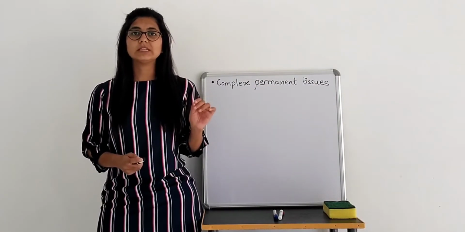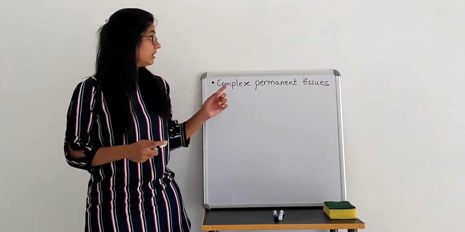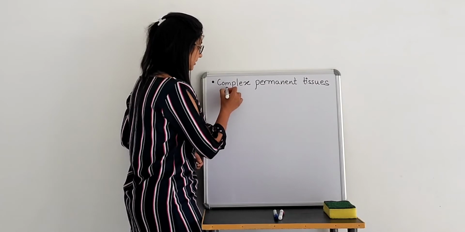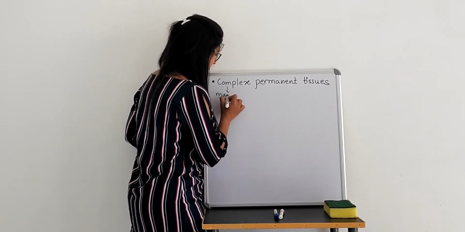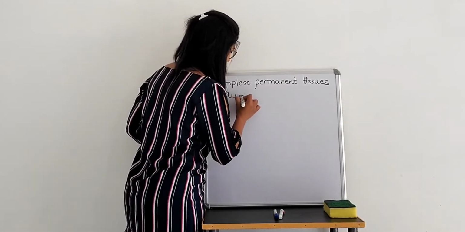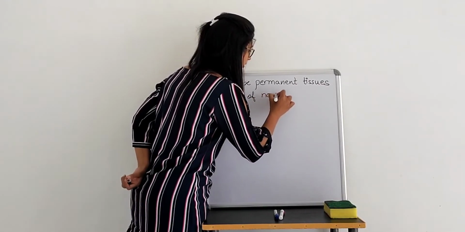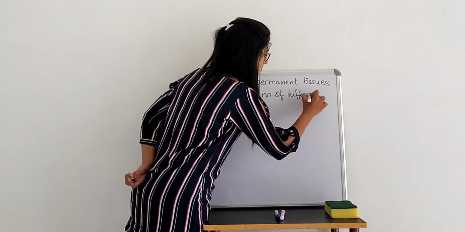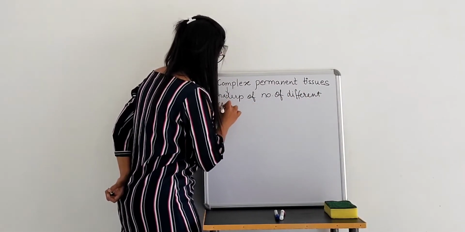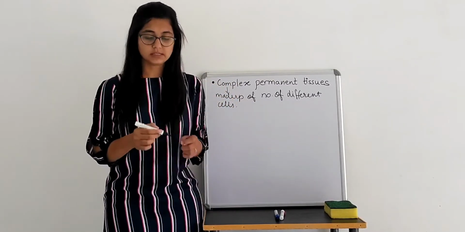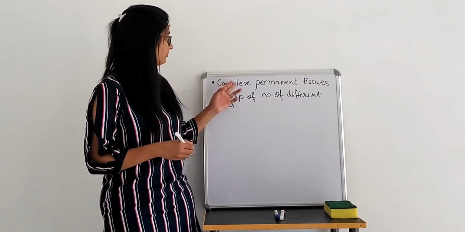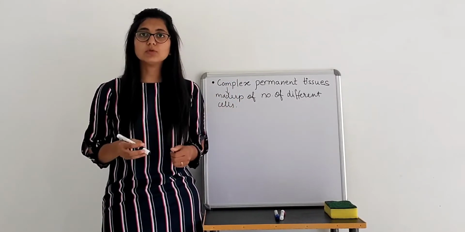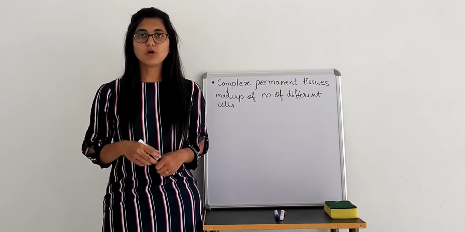The major difference, like I had previously stated, between complex and simple permanent tissue is that the complex permanent tissue is made up of a number of different types of cells. The main function of such tissue is that a lot of different types of cells will come together and they will perform one common function.